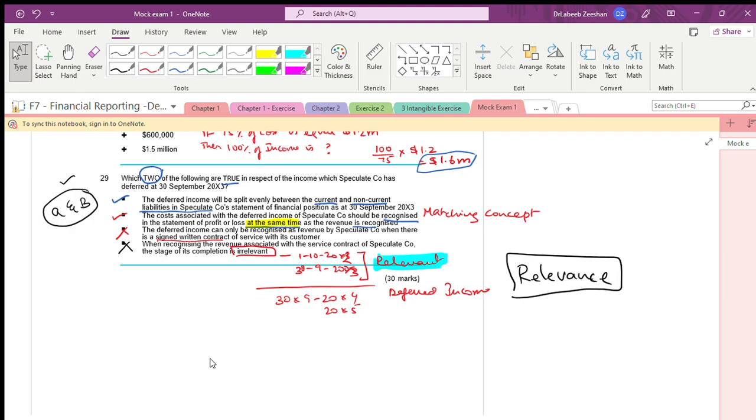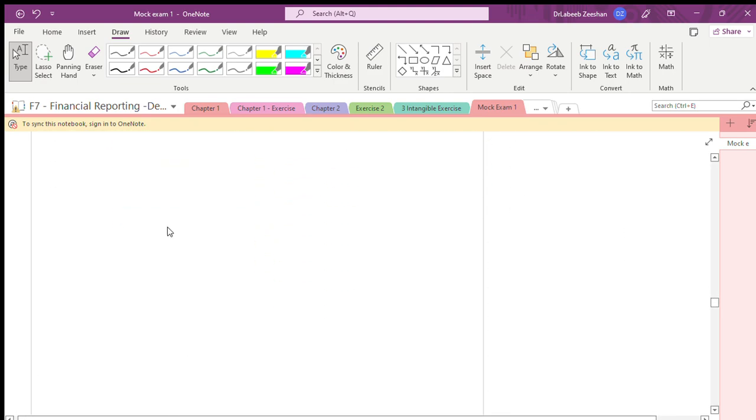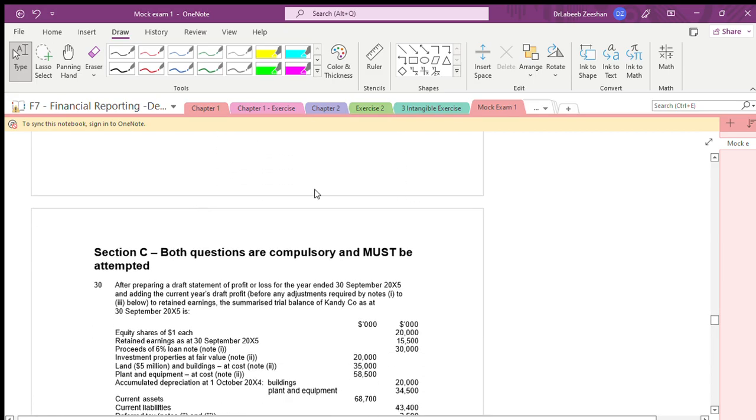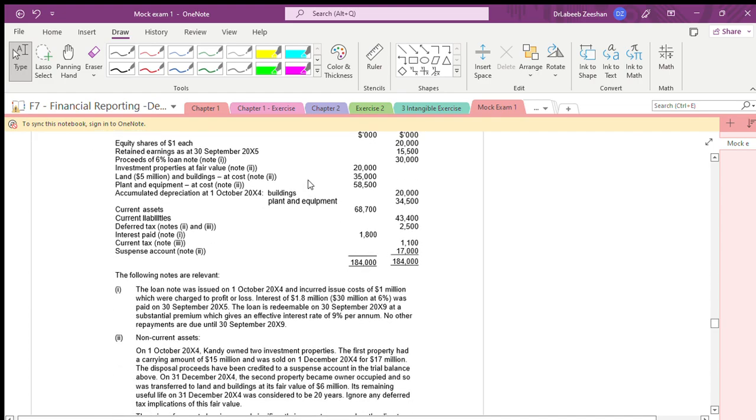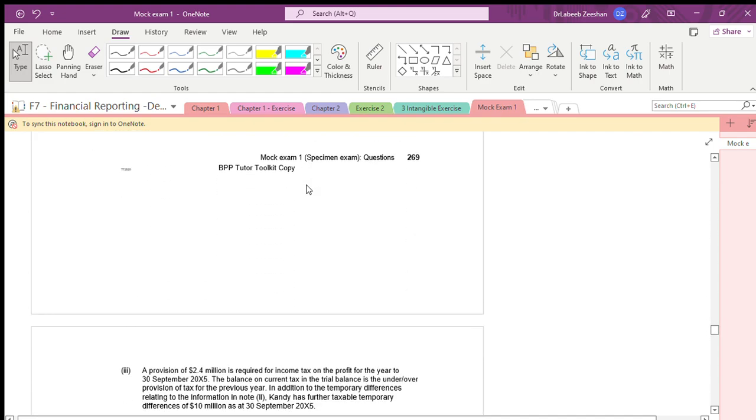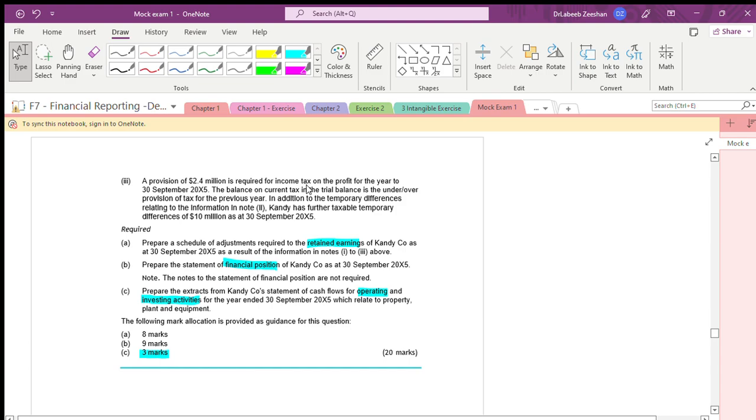Okay. This is section A and section B. Fine. That is section A and section B. This is section C. Can we do one question of 8 marks in section C?